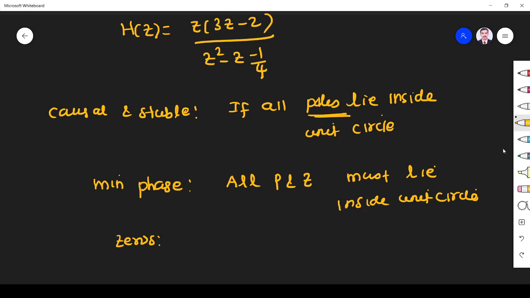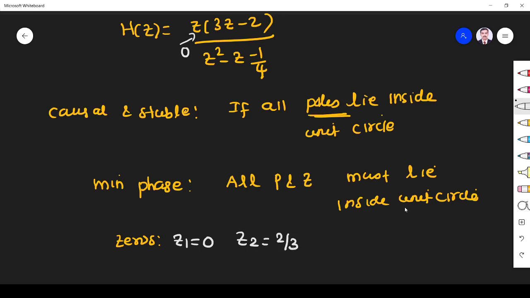So when you look at the numerator, if we substitute z is equal to 0, the total transfer function will become 0. So one zero lies at z1 is equal to 0. Right? If you substitute z is equal to 2 by 3 here, what will happen? Total transfer function will be 0. So what is another zero? Another zero is 2 by 3.